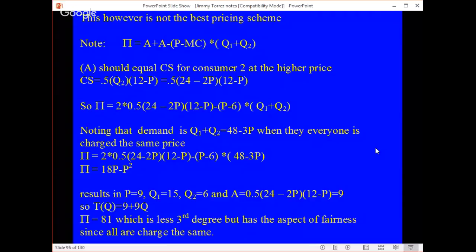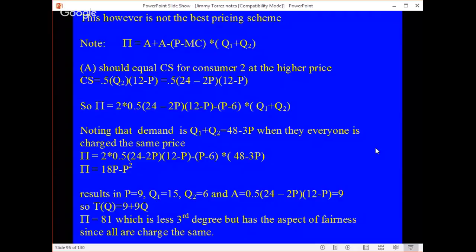And we saw demand before, it's 48 minus 3p for everybody. So if I charge the cover charge for everyone, it's 2 times 0.5, 24 minus 2p, 12 minus p, minus 6 times 48 minus 3p, where this is q.